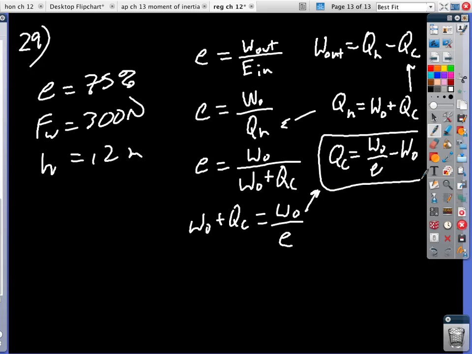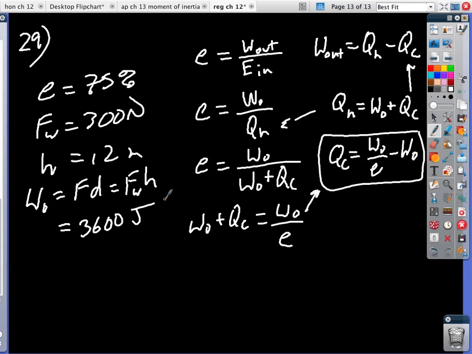There you go. That's my final answer. So then the workout, of course, is going to be force times distance, or in this case, Fw times h, which will give you 3,600 joules. If you want, you can be clever and say this is work out times 1 over E minus 1.